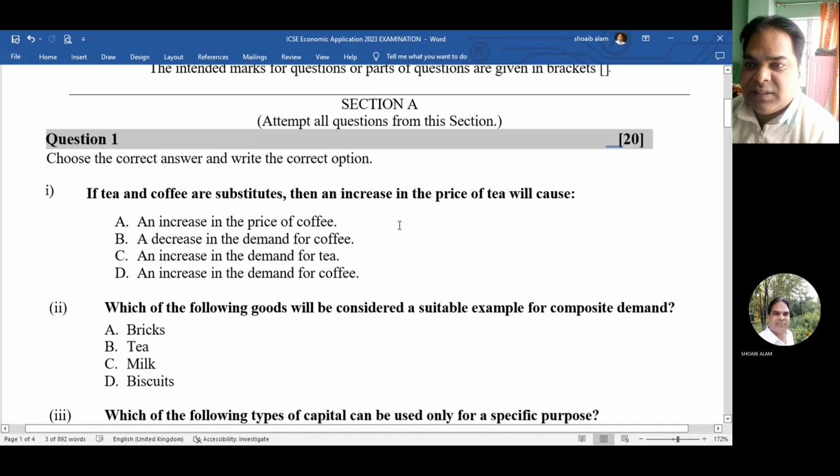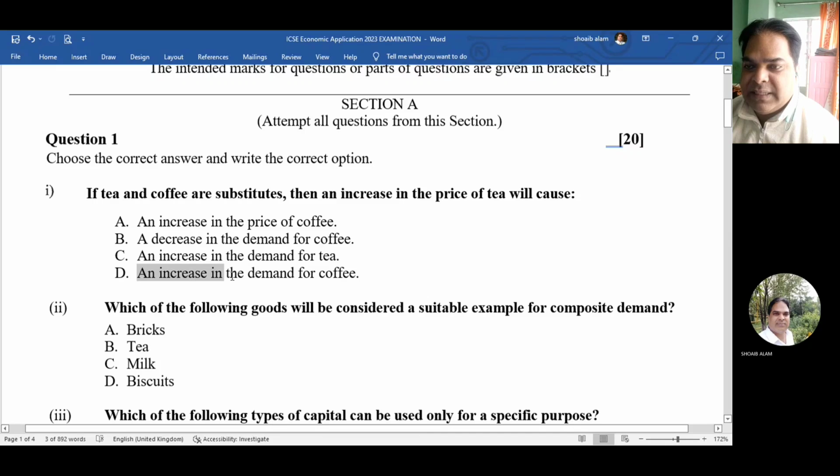If tea and coffee are substitutes, then an increase in the price of tea will cause: an increase in price of coffee, decrease in the demand for coffee, an increase in the demand for tea, or option D, an increase in the demand for coffee. So the correct option will be an increase in the demand for coffee.